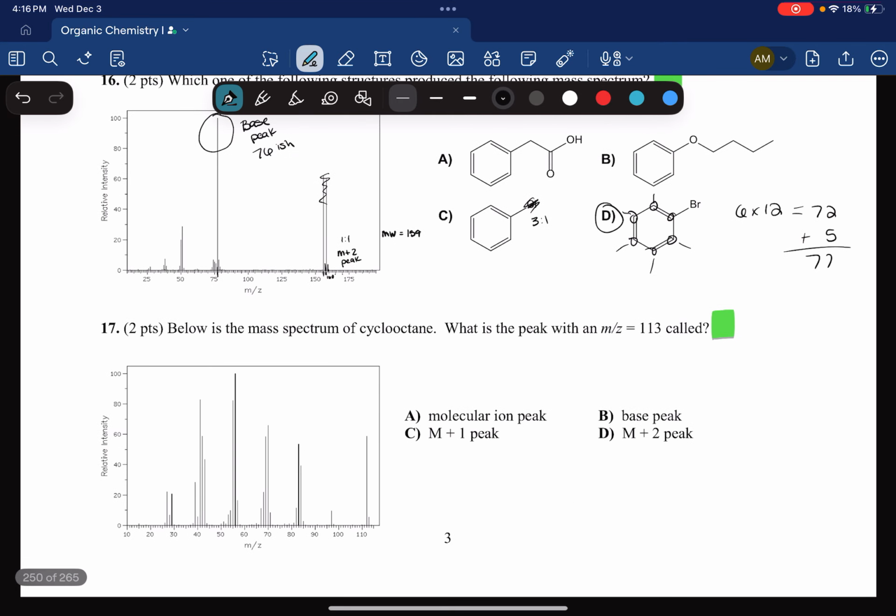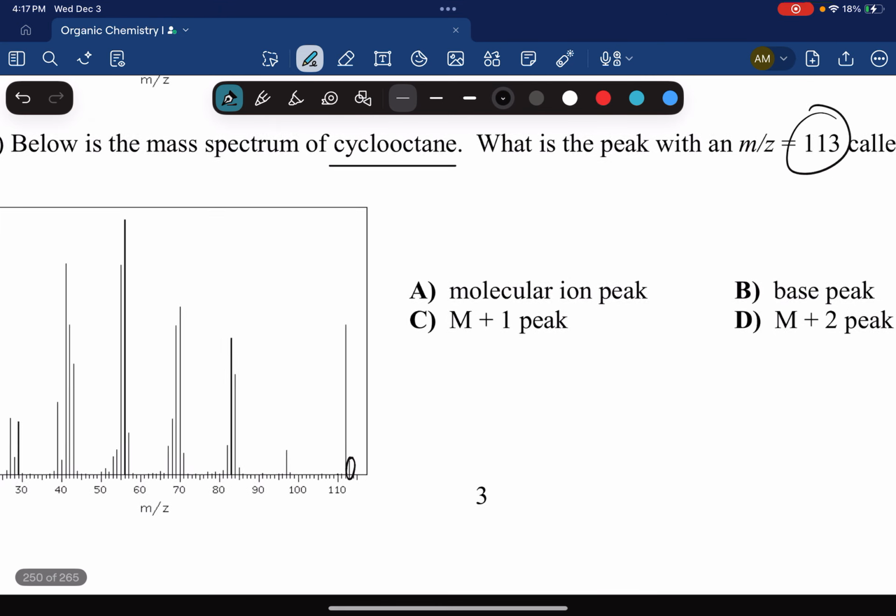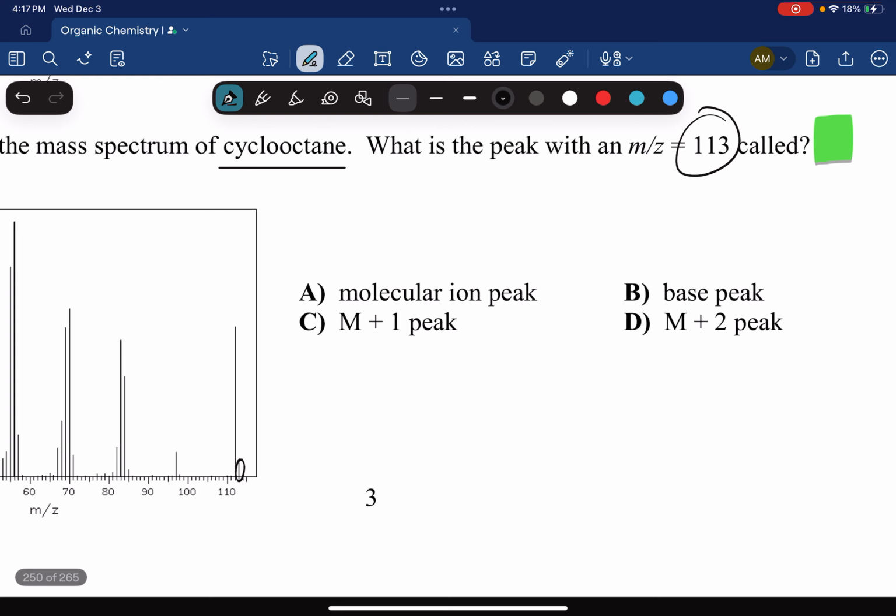Okay. This is a spectrum of cyclooctane. What is the peak at 113 called? So this one. Pretty sure that's our M+1 peak. What are you guys thinking?